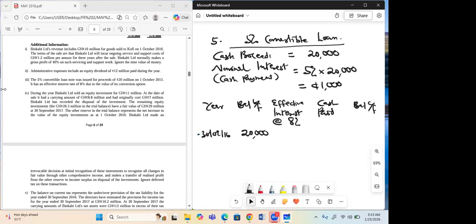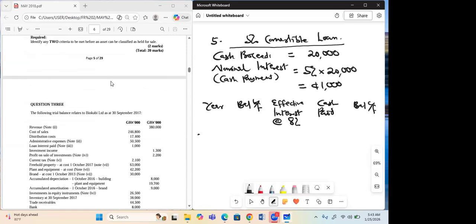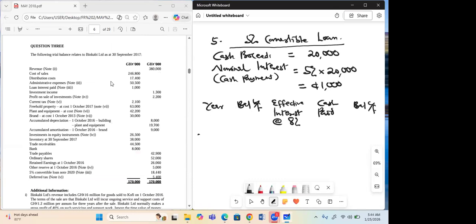Okay, let's see what the balance is in the trial balance. Check the trial balance. Maybe I've done the first year for us already. Give me the value of the loan. What is the loan? 5% convertible loan note, 18,440. Can you see? Yes. So it means that in the current year, up to 30th September 2017, they've done some already.